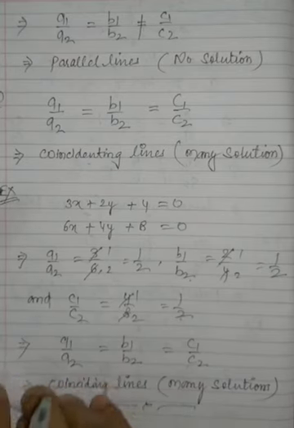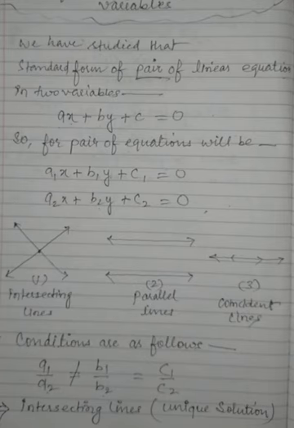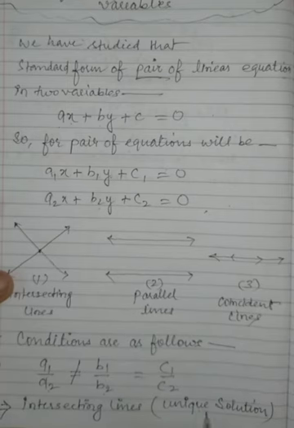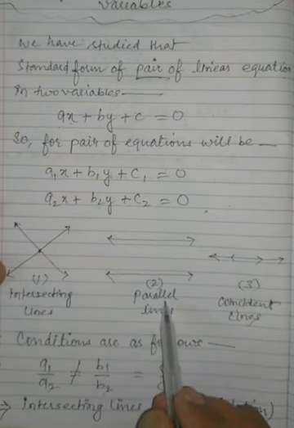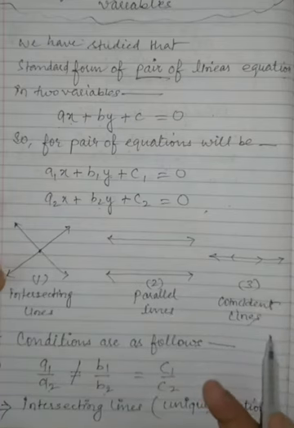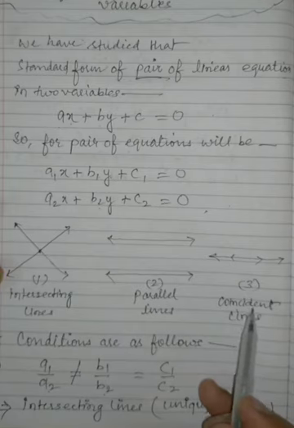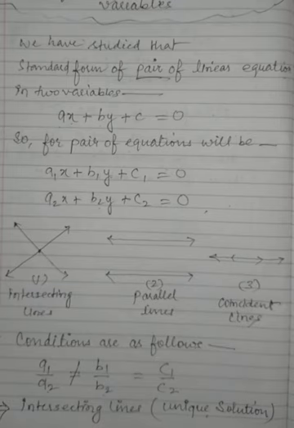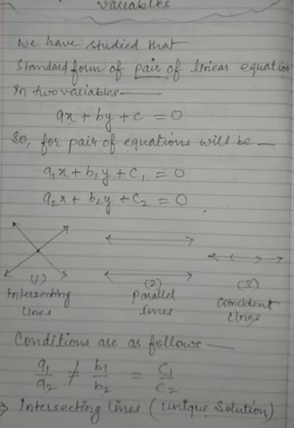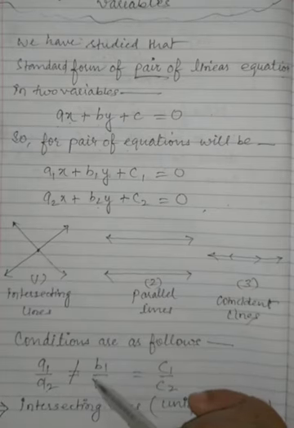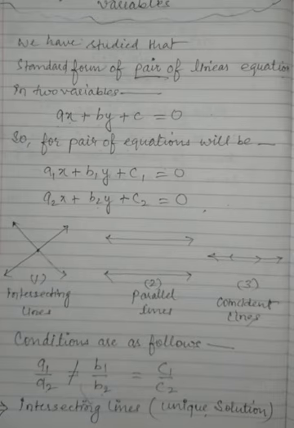Now the important thing is that if we have intersecting lines, we have a unique solution, as we have seen. If parallel lines, there is no solution, and in coinciding lines there are many solutions. So if we are given any pair of equations to solve in any question or in the exam, first we will check which of the three conditions is applicable for those two equations.